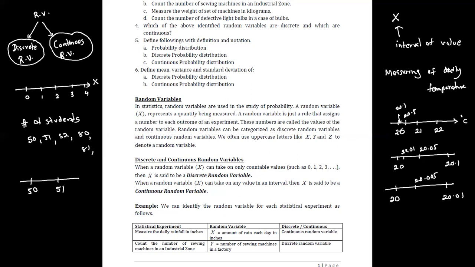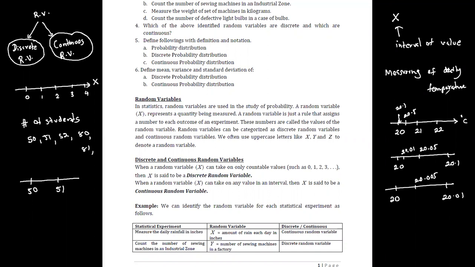Since we can see infinitely many values in this range, this can be considered as an interval of values. Therefore, if our random variable takes an interval of values, then such a random variable is said to be a continuous random variable. We can have several examples of continuous random variables: measuring of daily temperature.